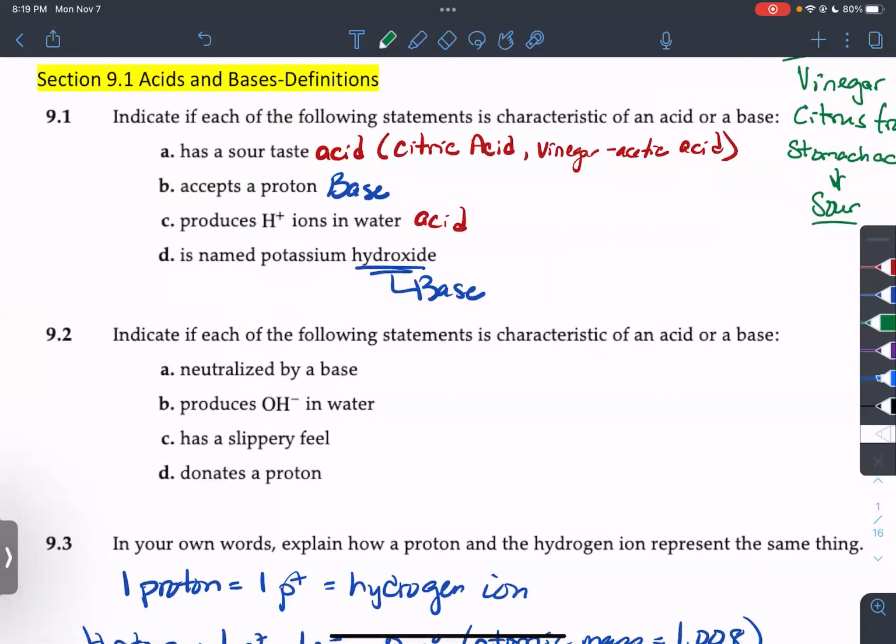Okay, so indicate if each of the following is a characteristic of an acid or of a base. Something that is neutralized by a base. When we talk about neutralization, that means that you're no longer an acid and you're no longer a base.